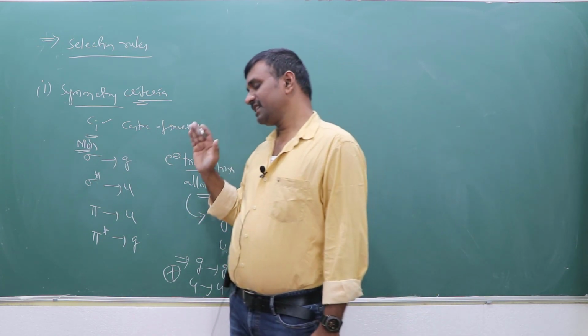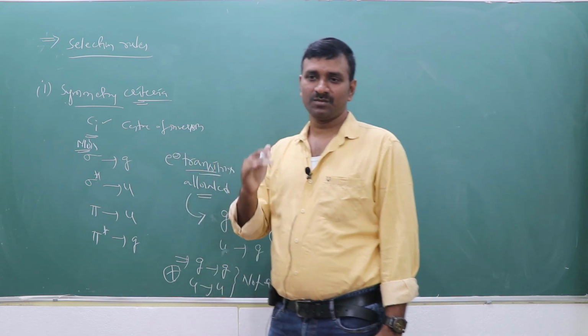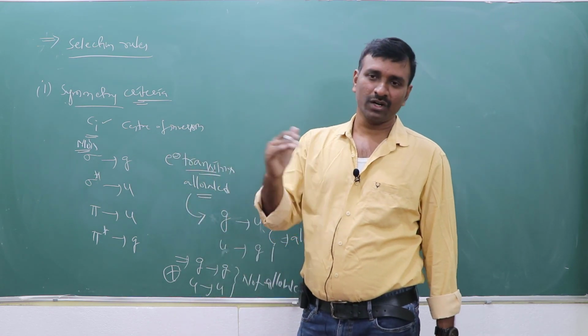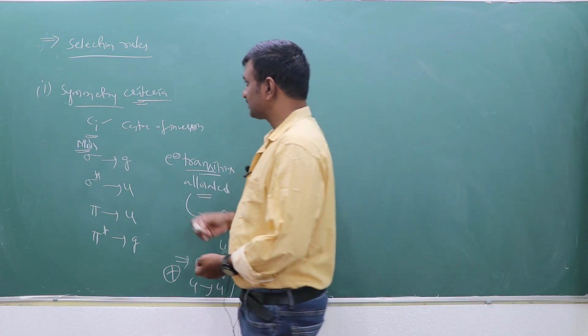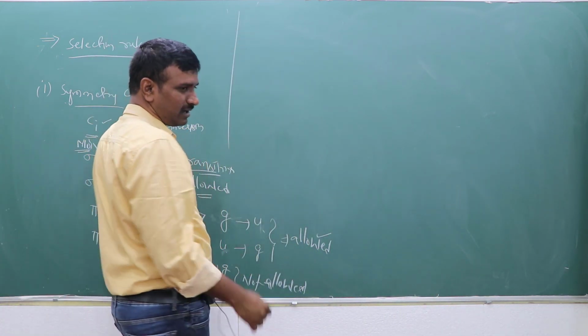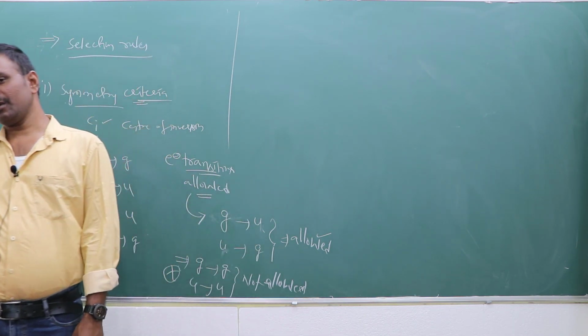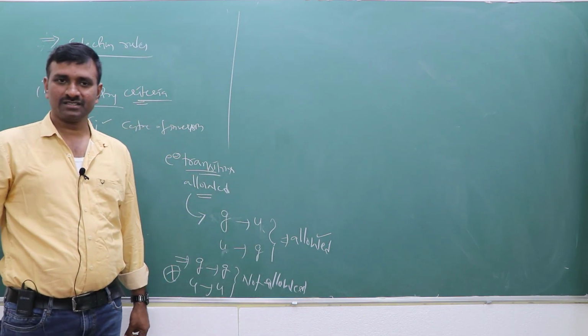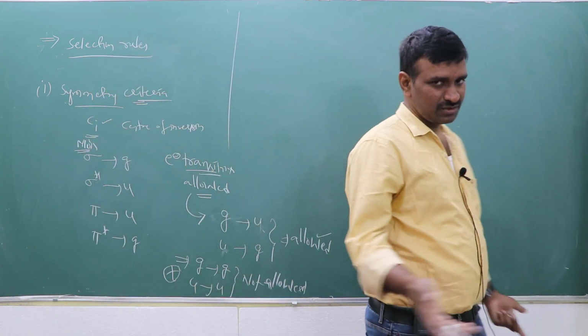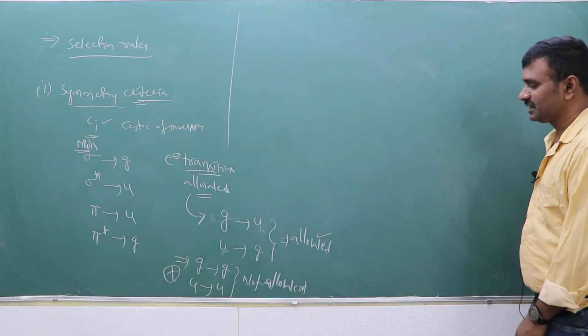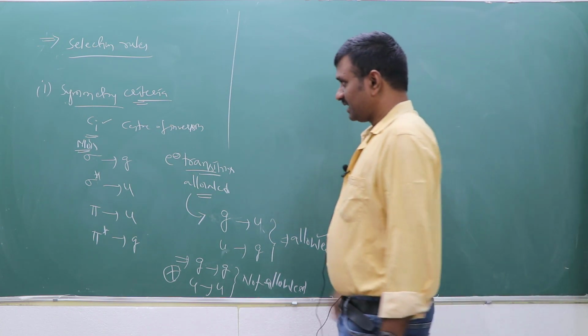The criteria is bonding to anti-bonding and non-bonding to anti-bonding only, right? Without having an electron in anti-bonding, there is no chance for the electronic transition. So this is one of the symmetry criteria.